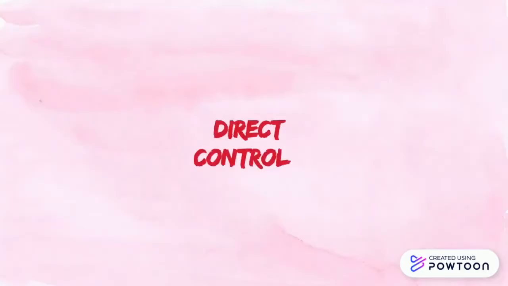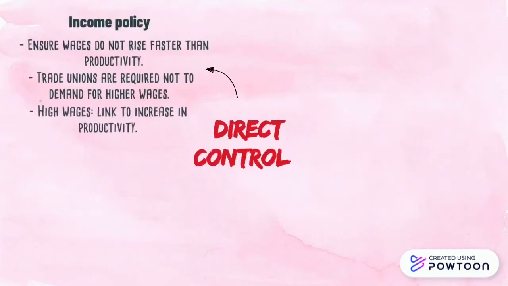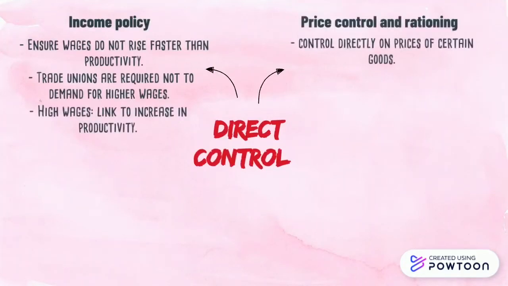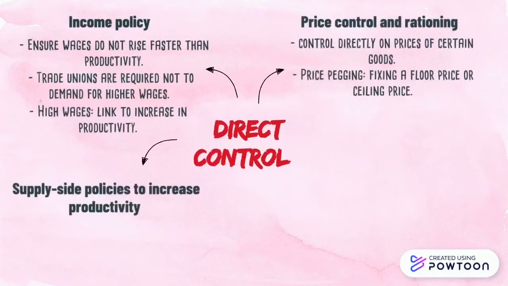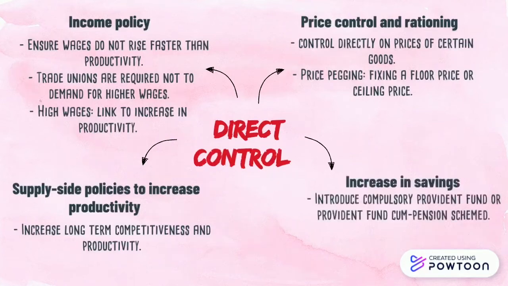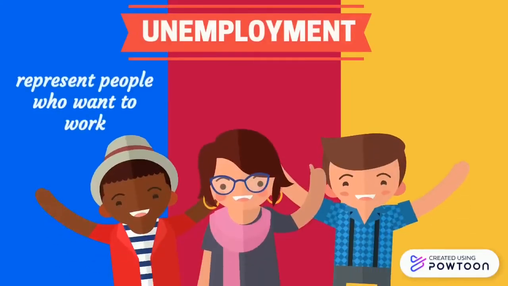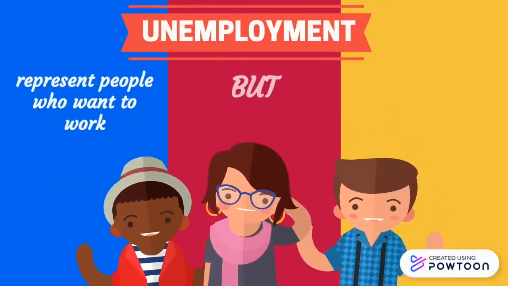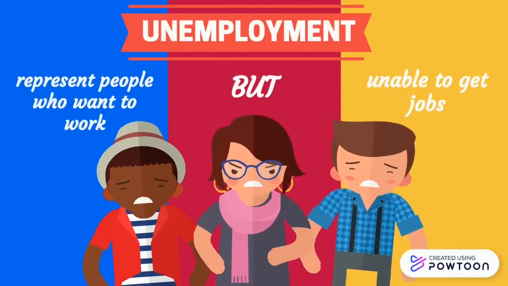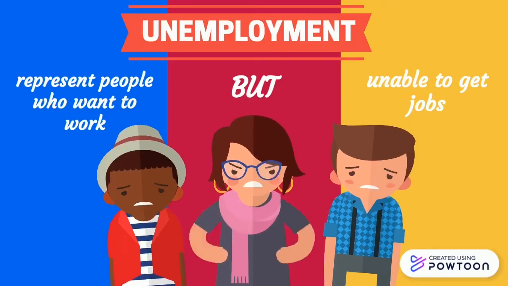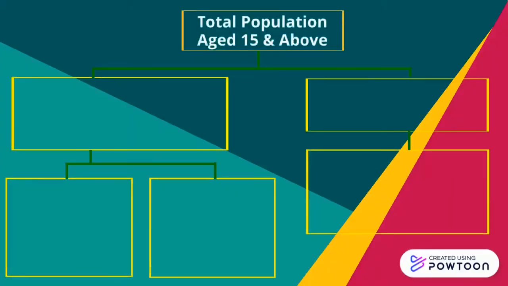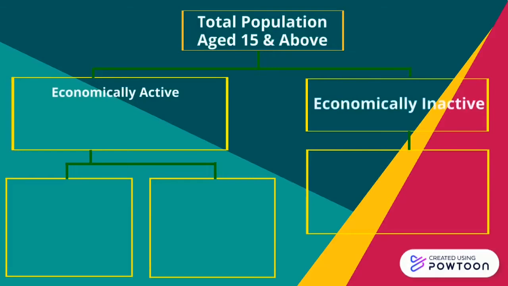Indirect control, income policy, price control and rationing, supply-side policies to increase productivity, and increase in savings can be used to control cost-push inflation. Introduction of unemployment. Total population of economically active and inactive groups.